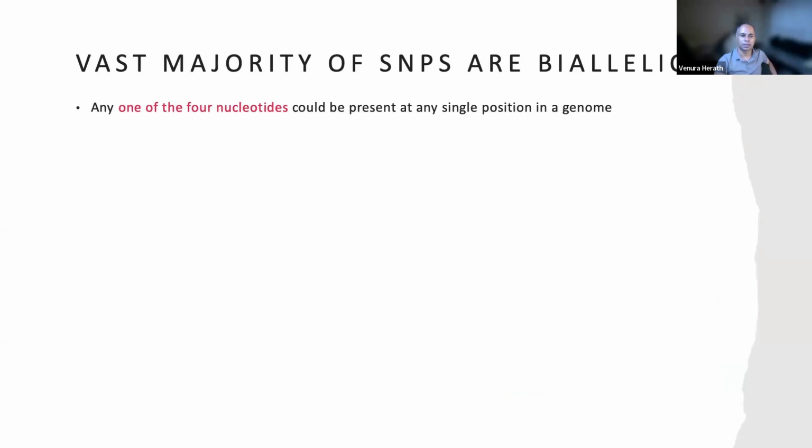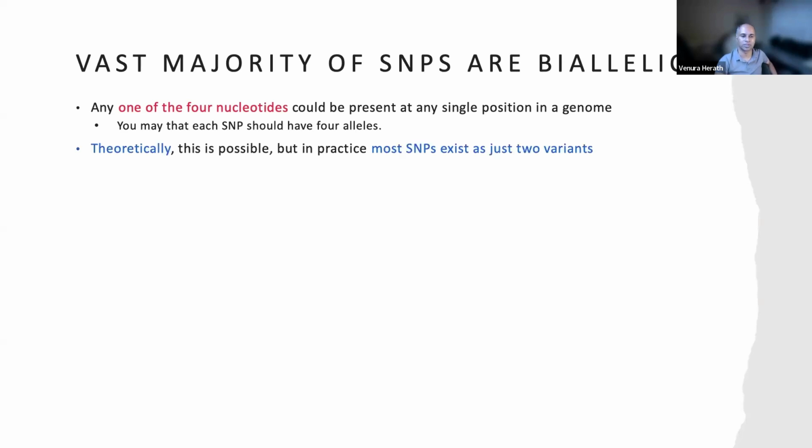Even though we expect one of four nucleotides to be there in a specific allele, in real practice most SNPs have just two variants, they are biallelic. Okay, why?